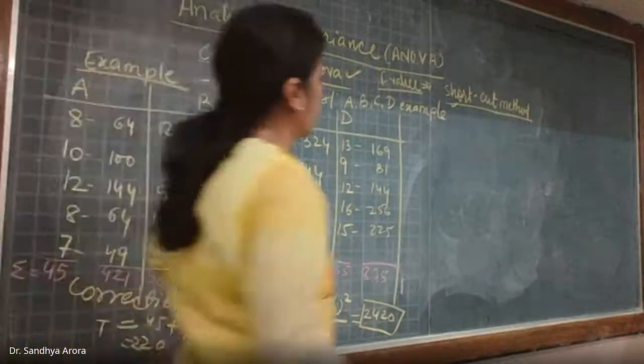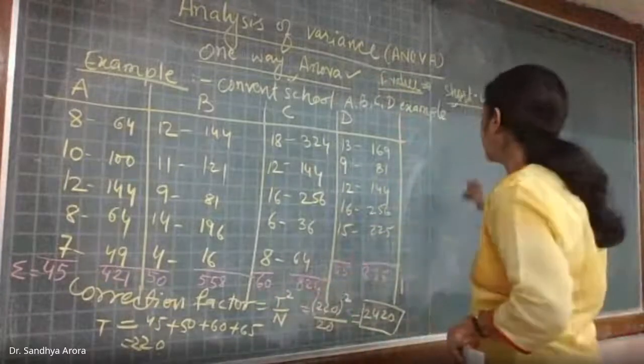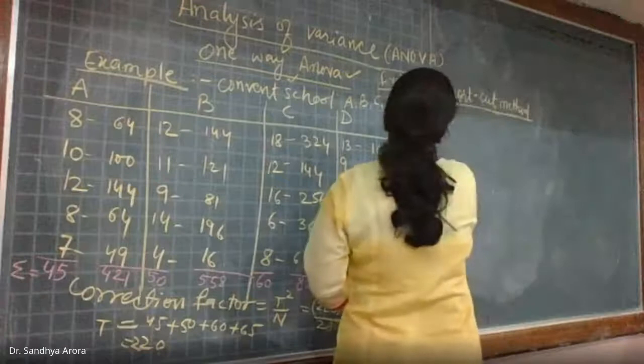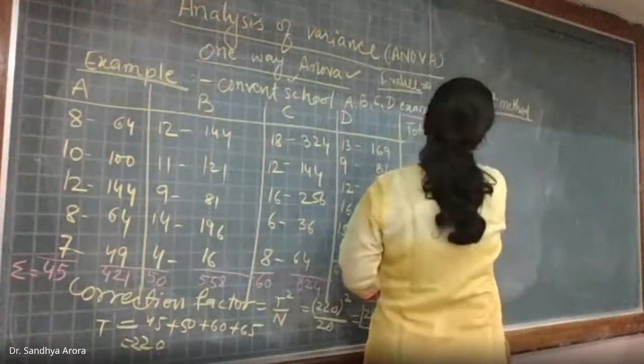Okay, so the shortcut method says you calculate the correction factor and calculate the total sum of squares. You have already calculated the total sum of squares.